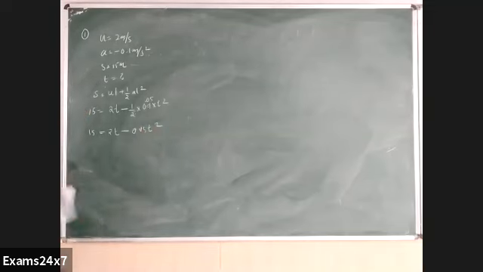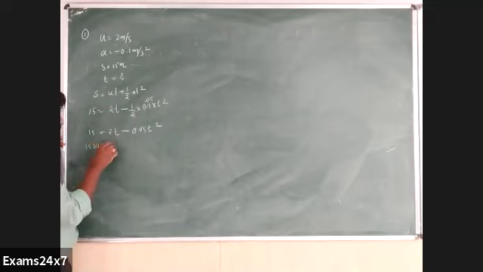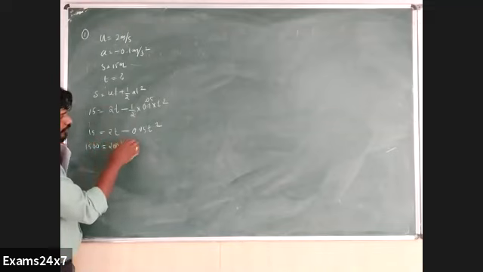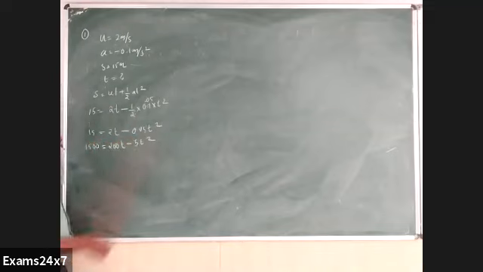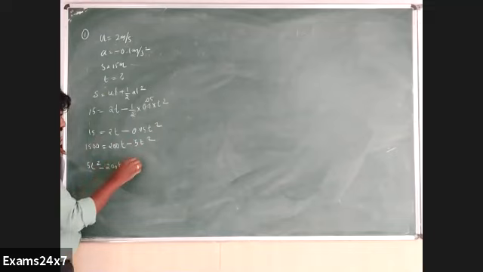Correct? Okay. Multiply by 100. What happens? 1500 is equal to 200t minus 5t square. 5t square this side: 5t square minus 200t plus 1500 is equal to 0.